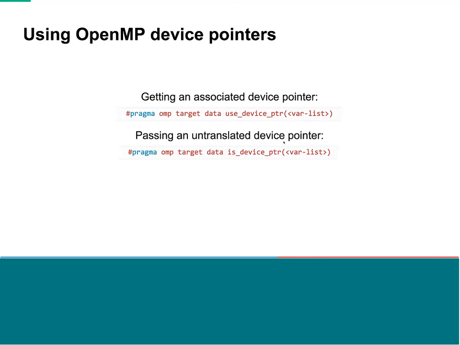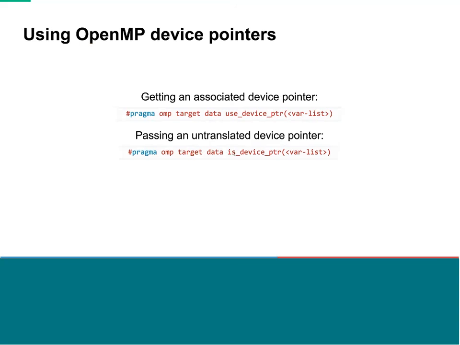Now, we refer to this generally as pointer interoperability, but the actual constructs are referred to as use_device_ptr and is_device_ptr. use_device_ptr is on target data. This actually is a typo. The is_device_ptr is used on target.